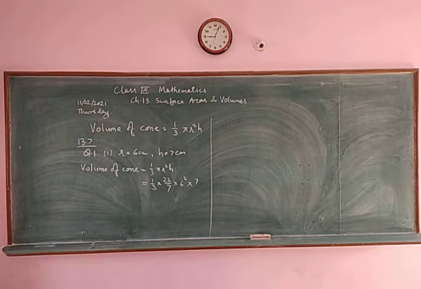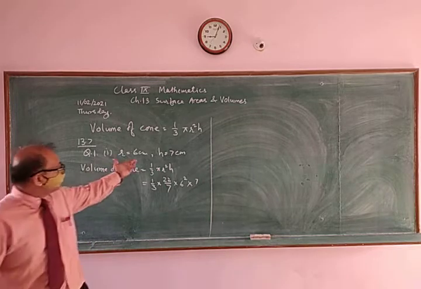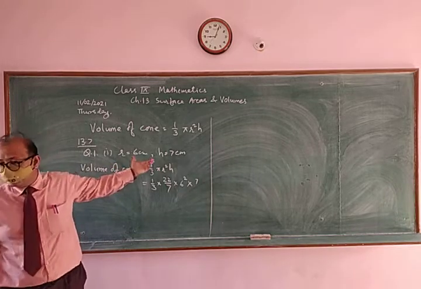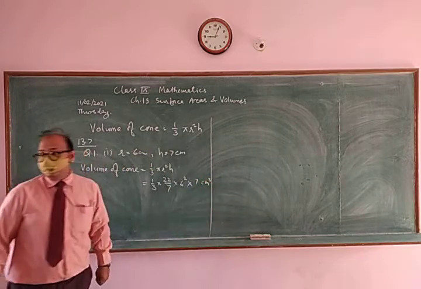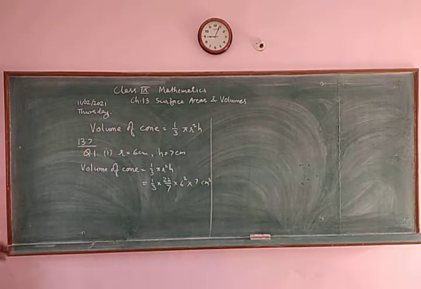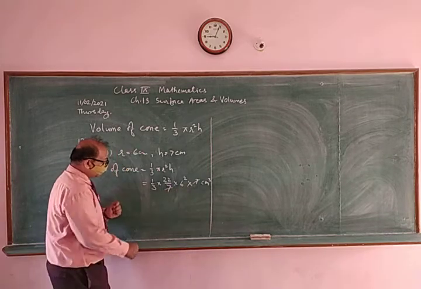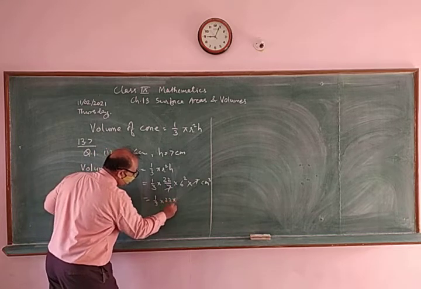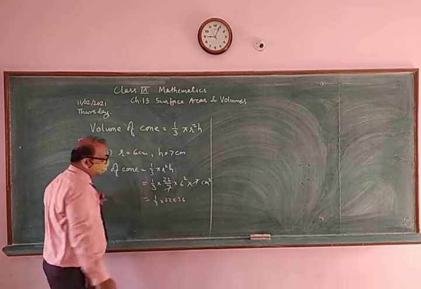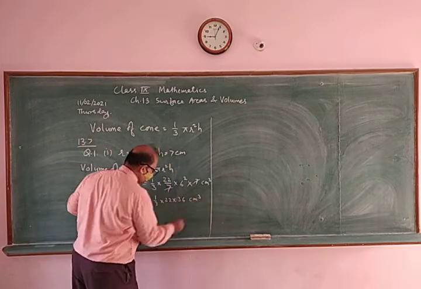The unit of volume is cubic unit, here centimeter, so cubic centimeter. Now 7 and 7 cancel. 1 by 3 into 22 into 36 cubic centimeter, since 6 square is 36.